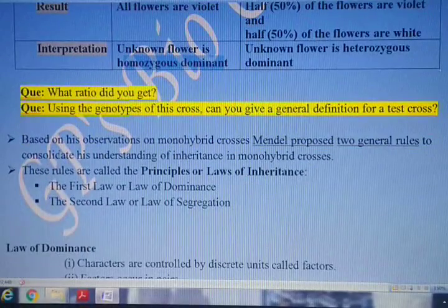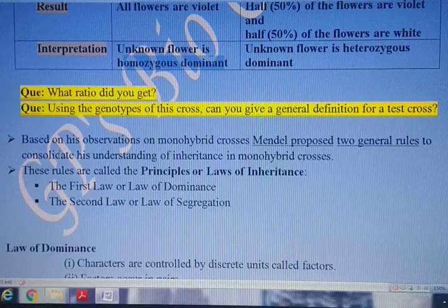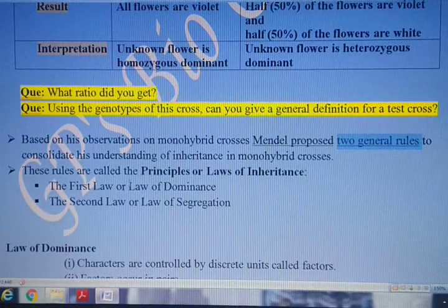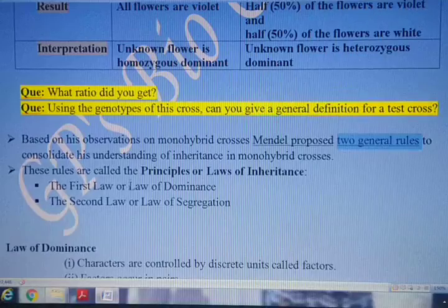Now, based on whatever observations he made on the monohybrid cross, Mendel proposed two general rules in the form of principles or laws.